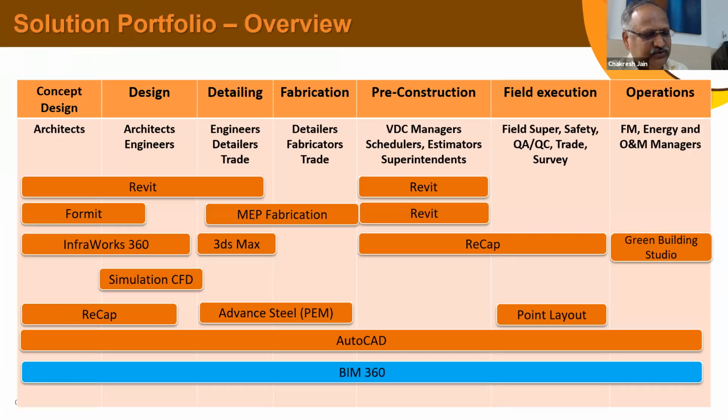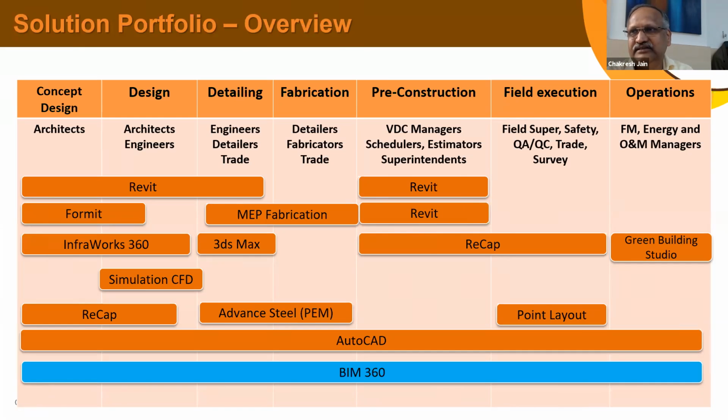And so today, of course, as an organization, Capricorn, this is what we do. This is what we specialize in. We have multiple solutions. Now, what we are presenting on the screen is only a representation, but that's not all. It is right from your initial program creation to developing the design, then to be able to do detailing, fabrication, pre-construction. At all the stages of the construction, we have various sets of software and tools available which will help you in improving your efficiency.